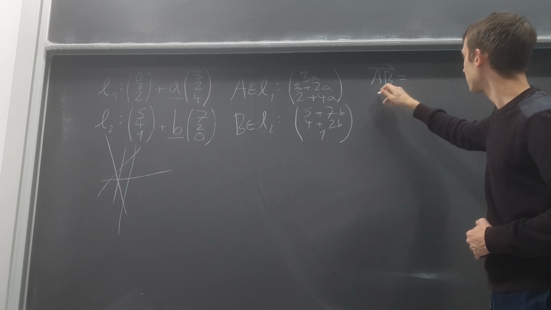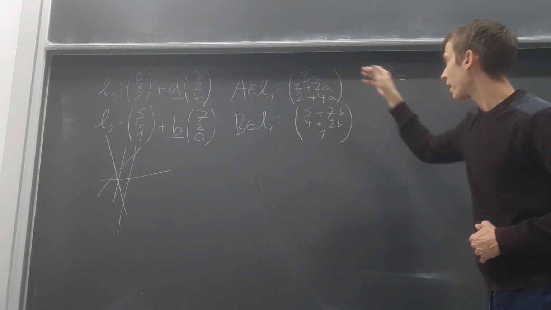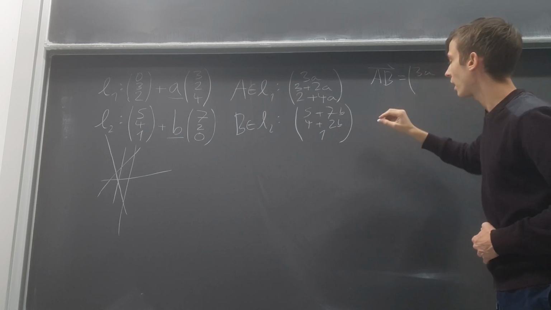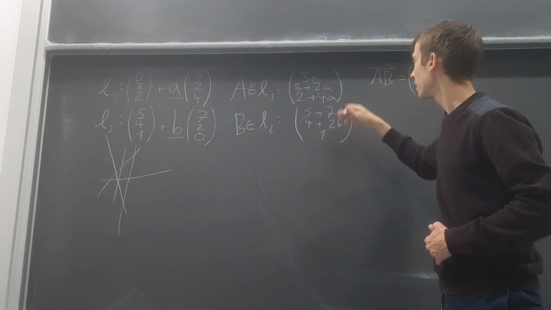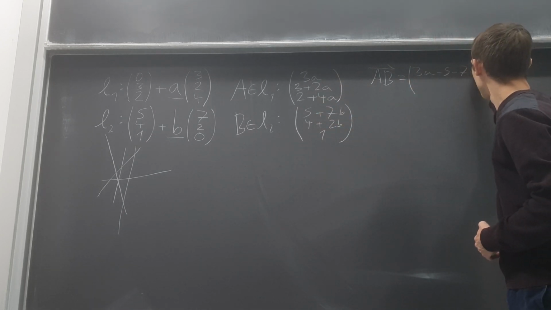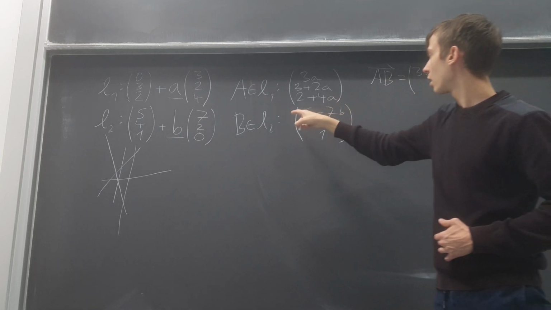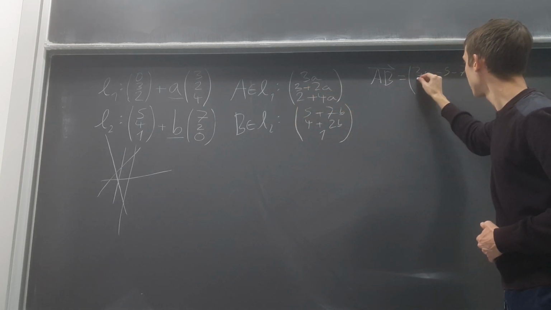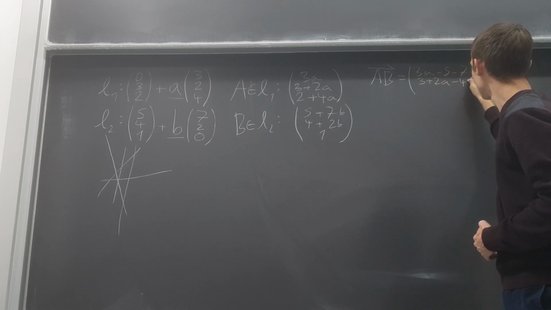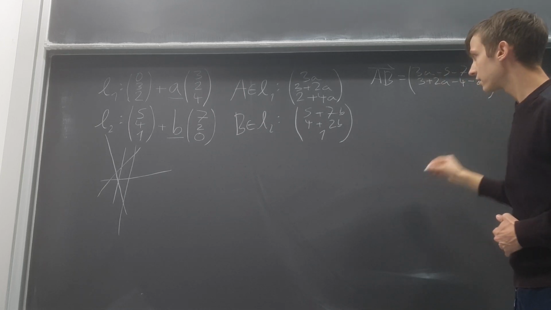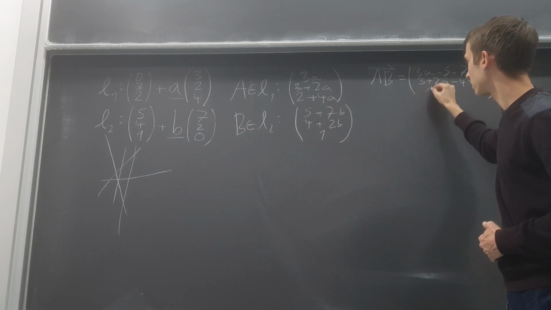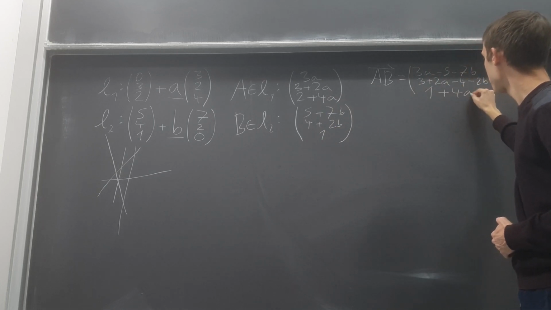So we subtract B from A, subtracting like components. The X component of AB is 3A minus 5 minus 7B. The Y will be 3 plus 2A minus 4 minus 2B, and the Z will be 2 plus 4A minus 1. So that's 1 plus 4A.